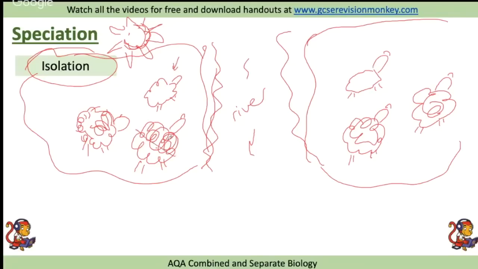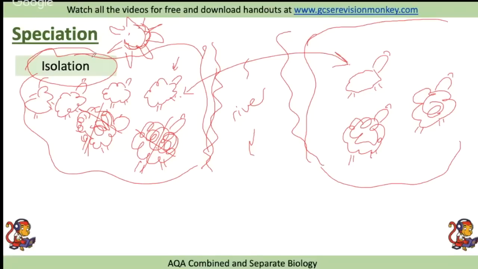So gradually over thousands of years, these thick-furred sheep would die out and you'd have the normal sheep, or the non-thick-furred sheep, surviving and reproducing and being more common in the population. So you could get a change where actually when these sheep were to meet again, it could be that they can't breed anymore because they're so different that they're actually now a new species.